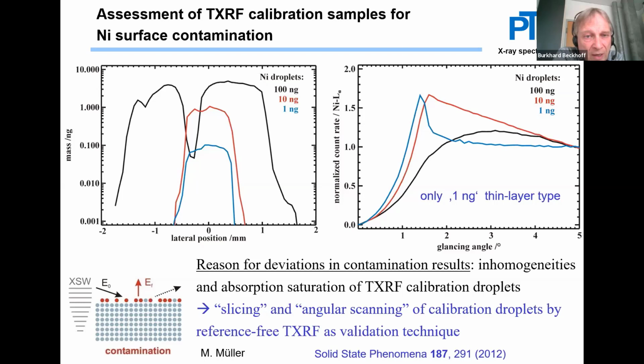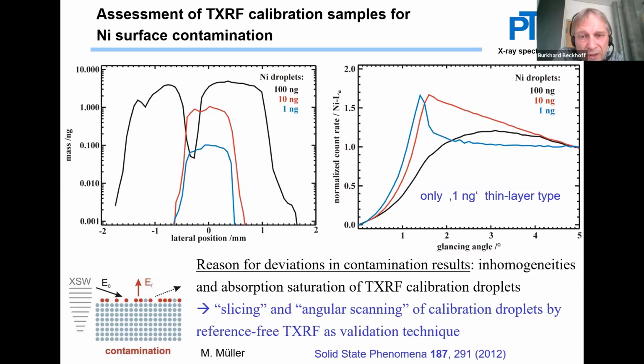And we had in blue 1 nanogram, in red 10 nanogram, in black 100 nanogram. And when you then do an angular scan at the maximum position, so close to the lateral position of 0, for all 3 of these curves from the left side, basically for the blue one it's about 0.1 nanogram, for the red one about 1 nanogram, and for the black one about 4 nanogram that's in the beam.